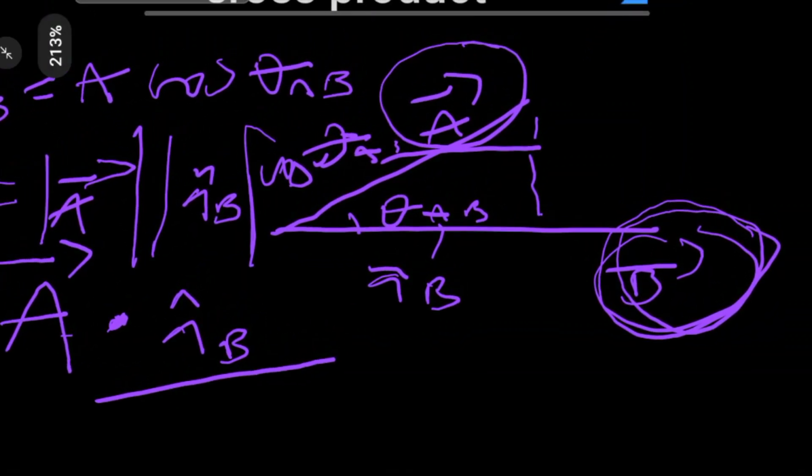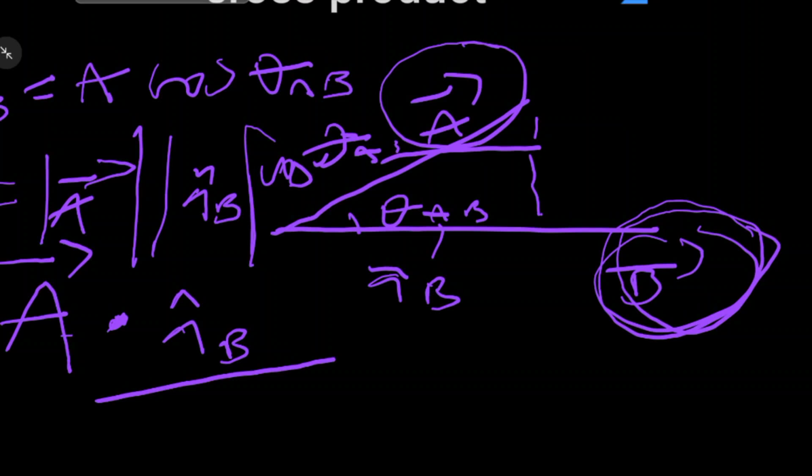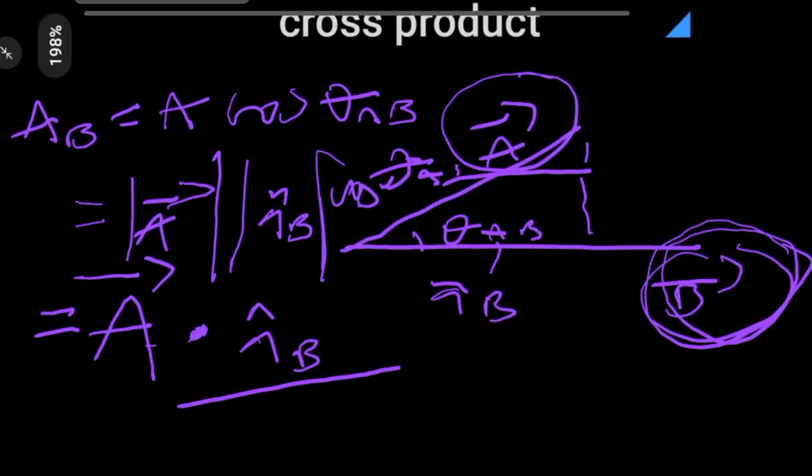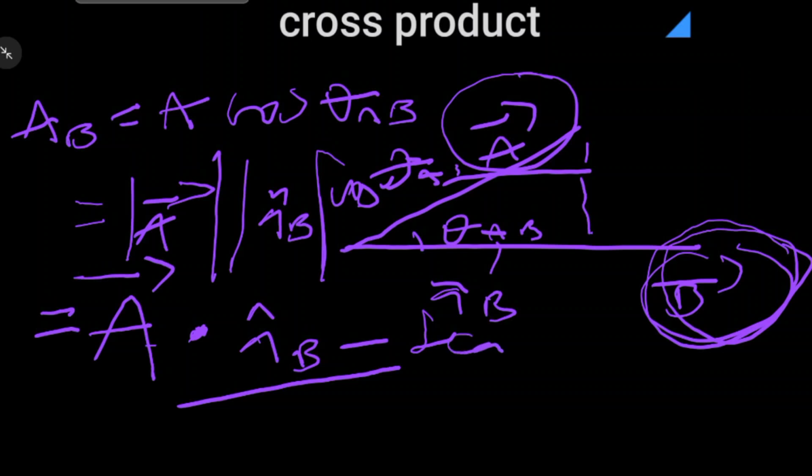And if we're asked to find the vector component of vector A along B, this is simply the scalar component multiplied by a unit vector along B. So this is the formula for the scalar component.